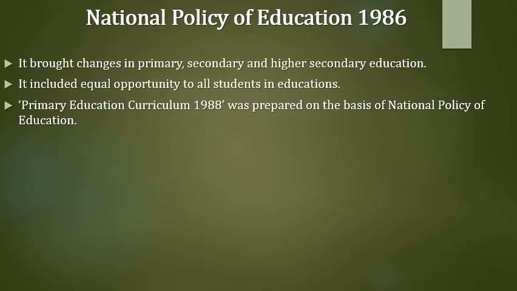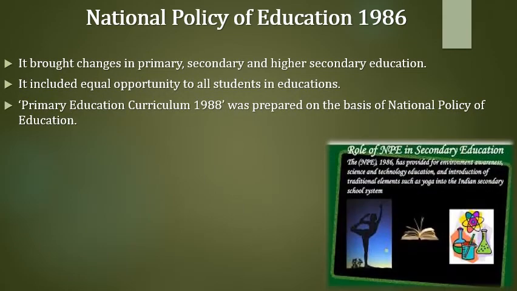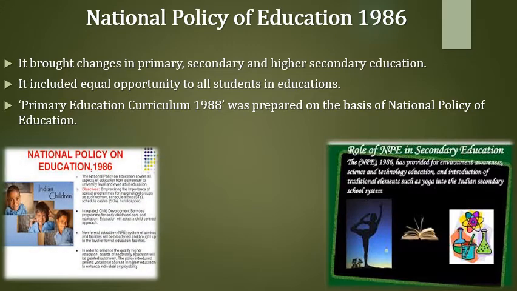Let us know about the National Policy of Education of 1986. According to this policy, certain changes were brought about in primary, secondary, and higher secondary education in keeping with the changing needs of the society. Under this policy, a common core curriculum was framed for all states.